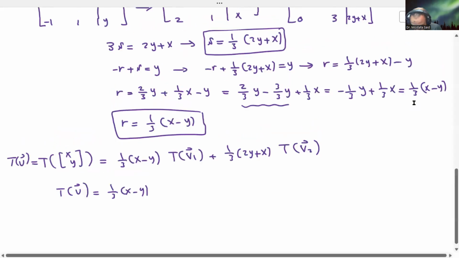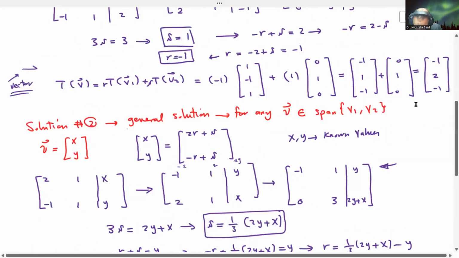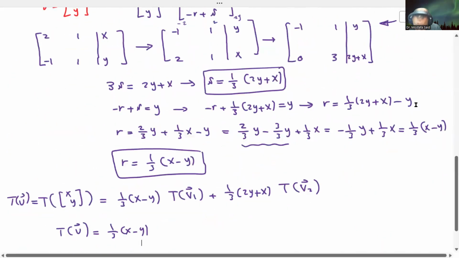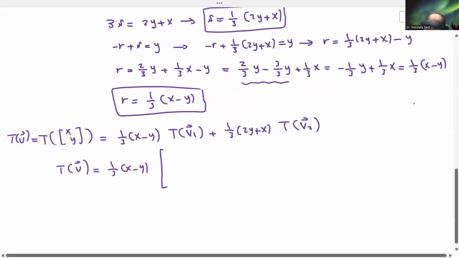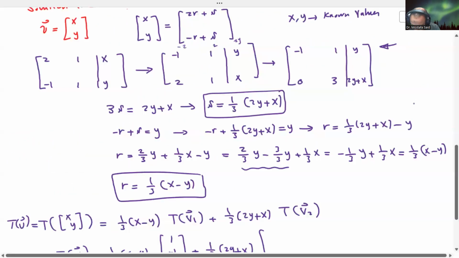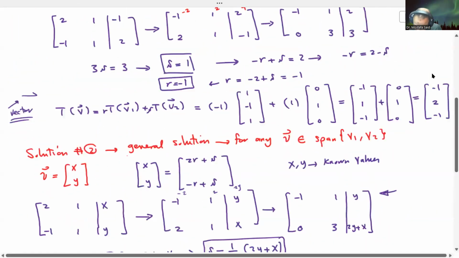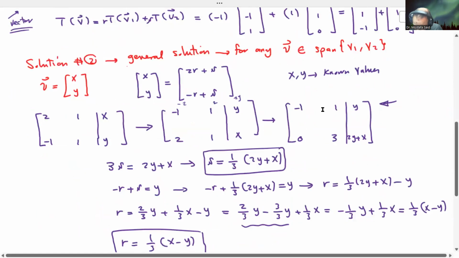So T of v equals 1/3 (x minus y) times T of v1, which we have here: 1, minus 1, 1. Plus 1/3 (2y plus x) times T of v2, which is basically 0, 1, 0.